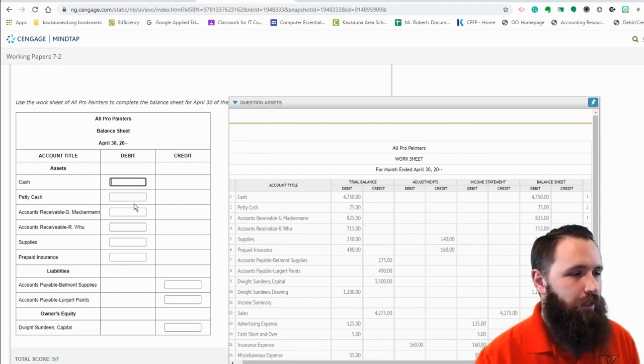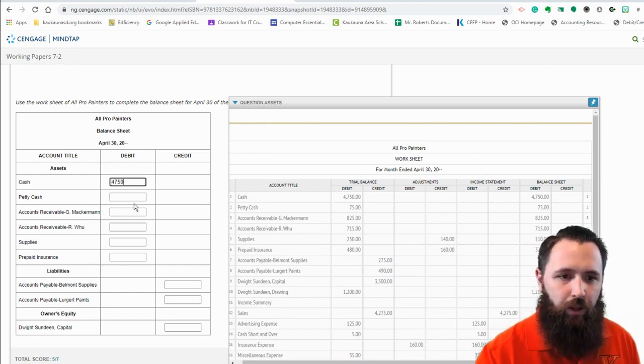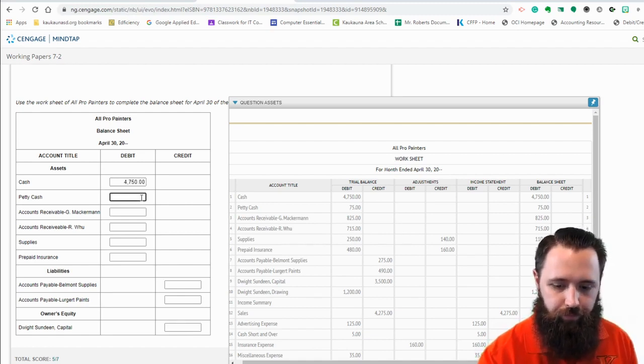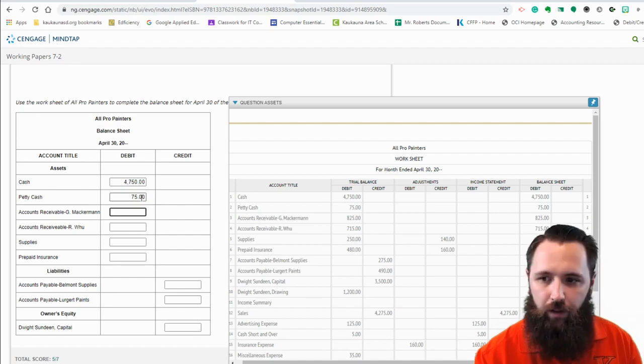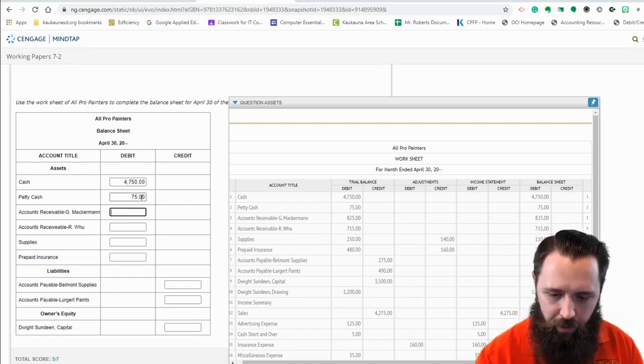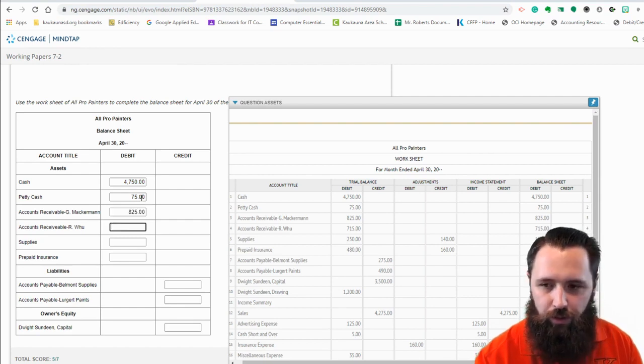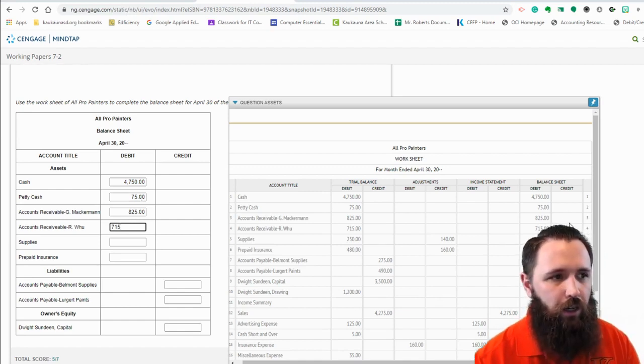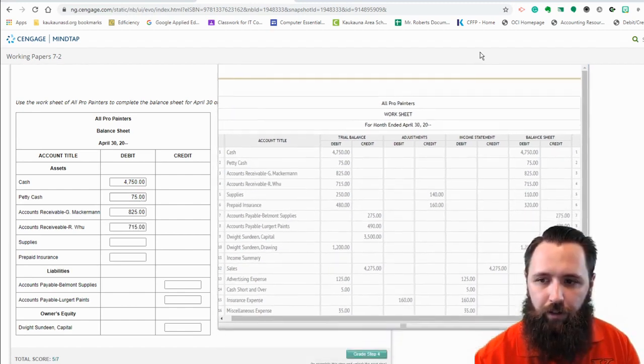Same thing. So cash is $4,750. Petty cash was $75. Accounts receivable for Mackerman is $825. Accounts receivable for Wu is $715. And we're just looking on this balance sheet over here, right?